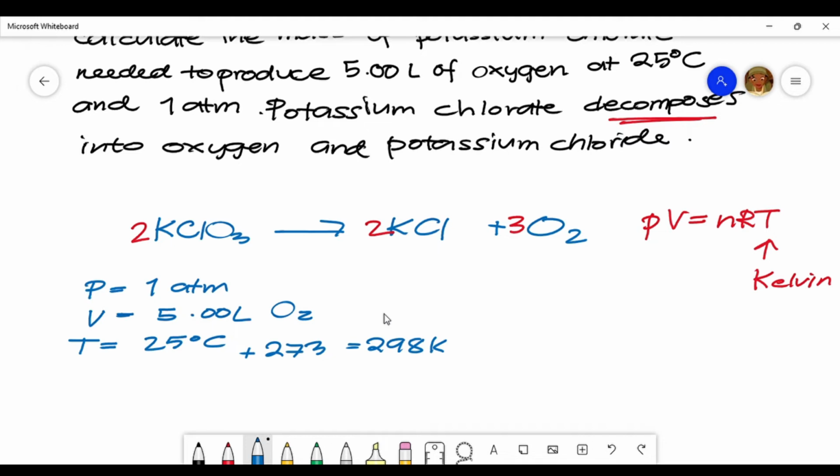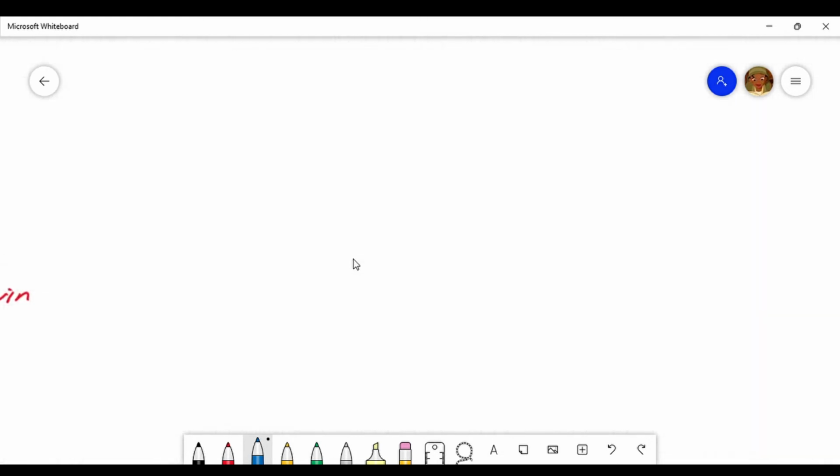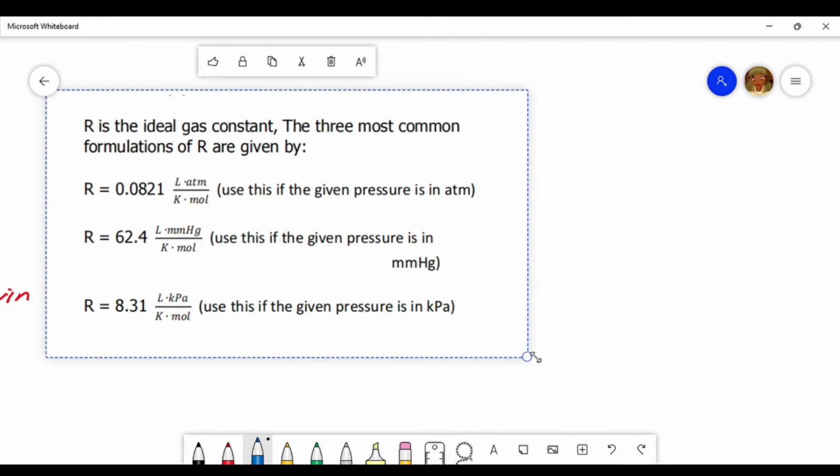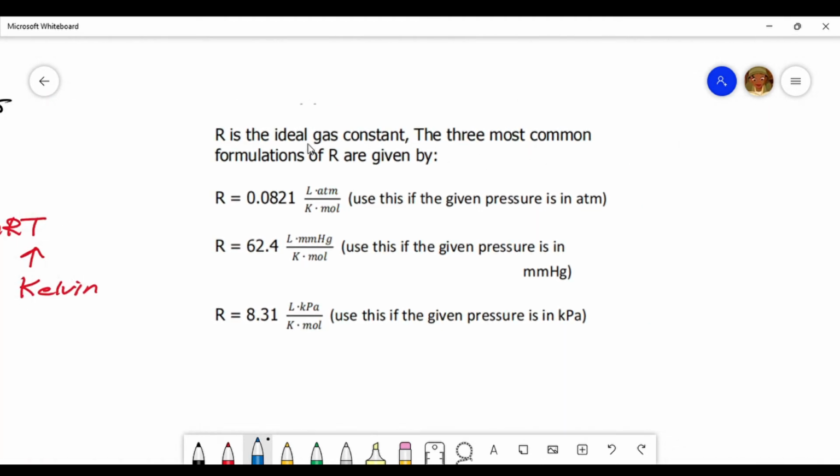And then we're looking for the value of R from our module. Let's recall, R is the ideal gas constant. I'll just copy and paste it here. This screenshot is from your week 2 module. The 3 most common formulations of R are given here.